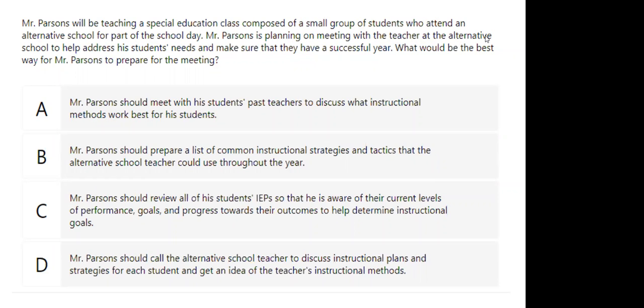Look at this question. What would be the best way for Mr. Parsons to prepare for the meeting?